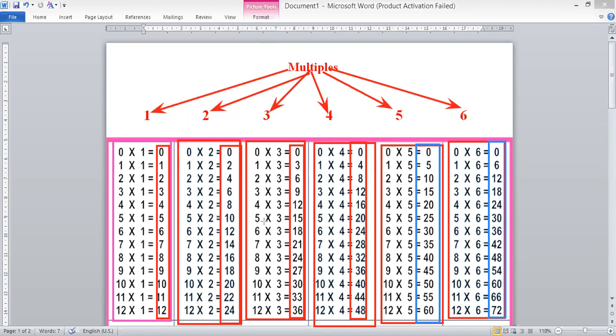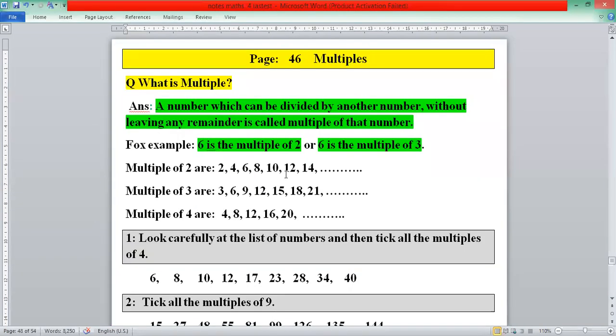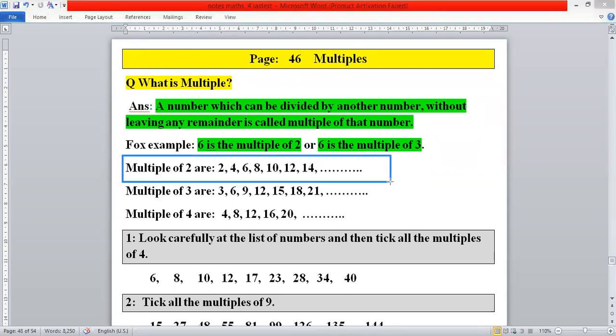Now, I am going to solve your exercise. Given exercise on book page 46. There are more examples here. Multiples of 2 are 2, 4, 6, 8, 10, 12, 14, up to so on. Up to so on means multiples are infinite, uncountable, like counting.